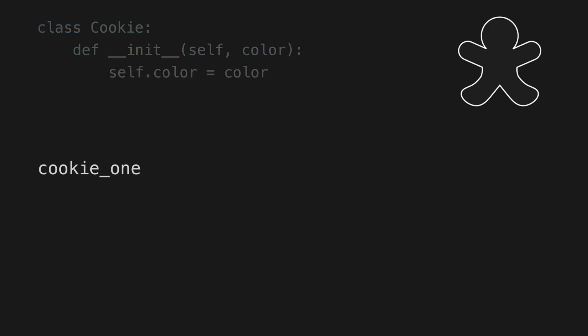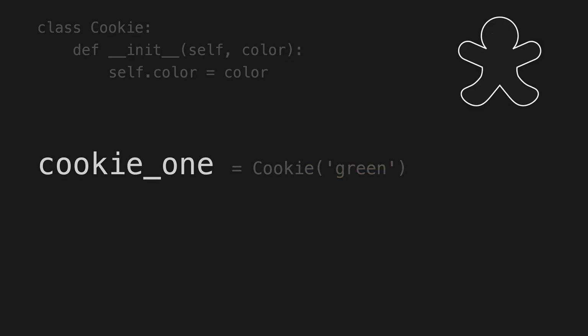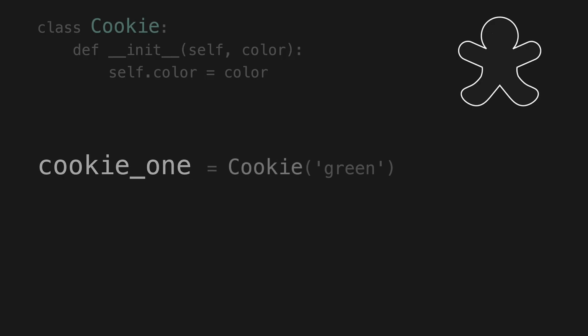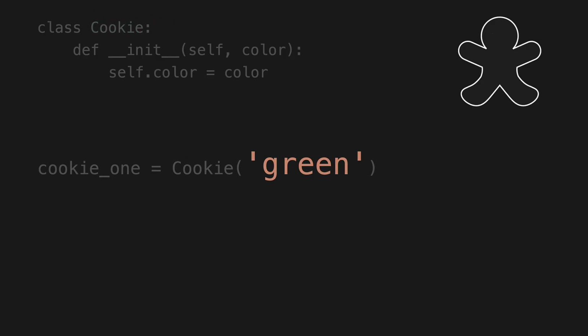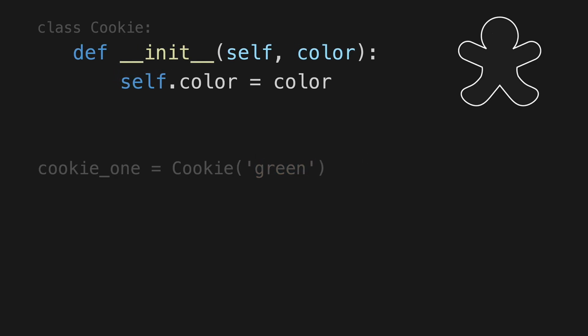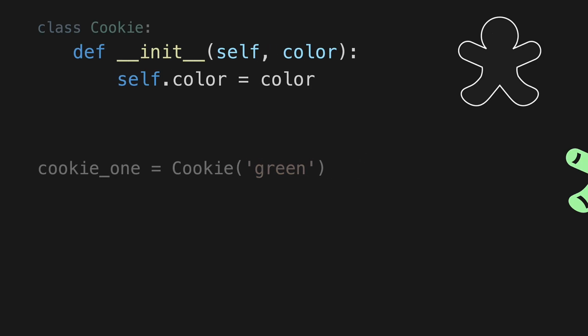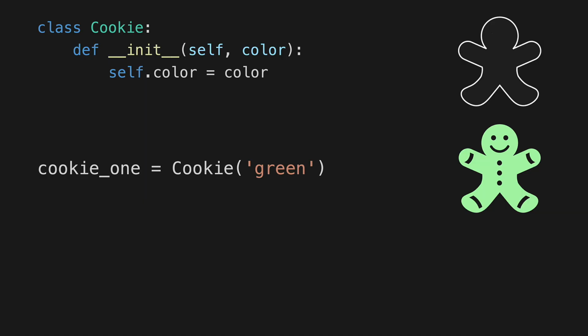We'll say cookie1 equals Cookie, and then we'll pass it the color green. So cookie1 is the variable name, just like if you had a variable and you set it equal to an integer or a string. But instead of an integer or a string, we are setting it to be the type Cookie. And we're passing it the color green. This gets passed to the constructor, and that creates a green cookie.